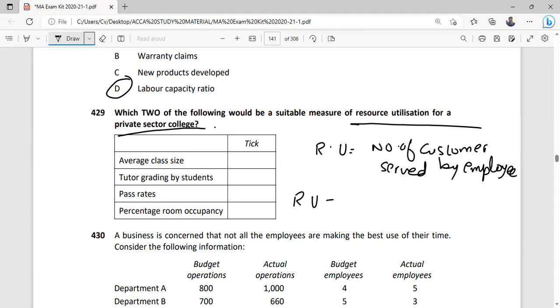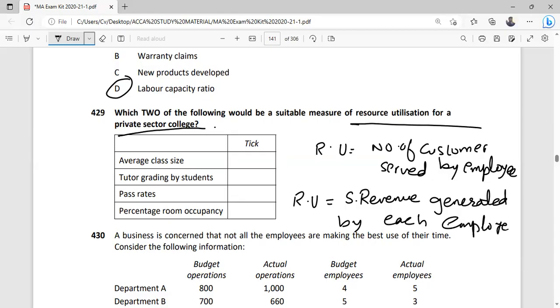Resource utilization is also called sales revenue generated by each employee. So average class size, because it is relevant with number of customers served by each employee, and as well as it is relevant with sales revenue.